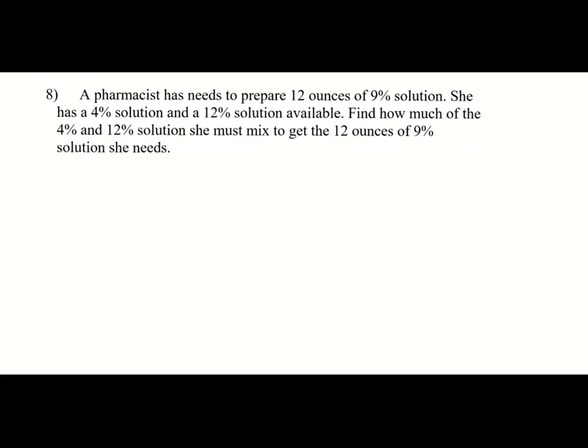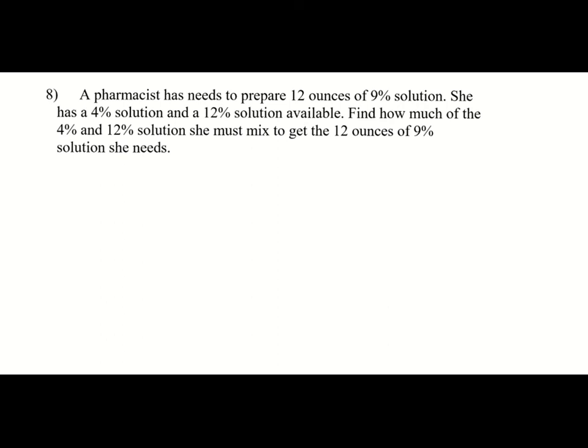Okay, here's our last one, and it is similar to number 7 that we did with the mixture, except now we're dealing with percentages of a solution. So a pharmacist needs to prepare 12 ounces of a 9% solution. She has a 4% solution and a 12% solution available. We need to find how much of the 4 and 12% solution she must mix to get 12 ounces of the 9% solution that she needs.